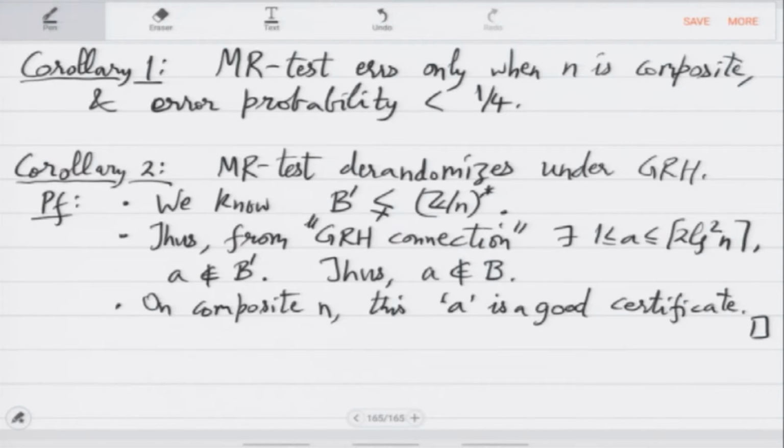This A will force the Miller-Rabin test to output composite, so it works. And all this is clearly deterministic polynomial time. So that finishes both the Solovay-Strassen and Miller-Rabin tests.